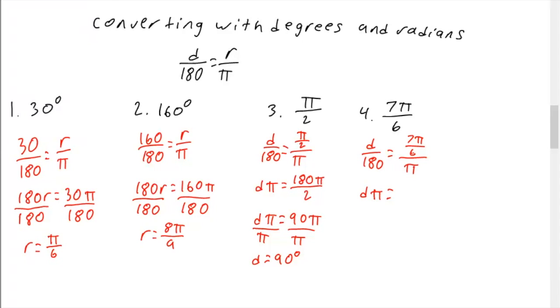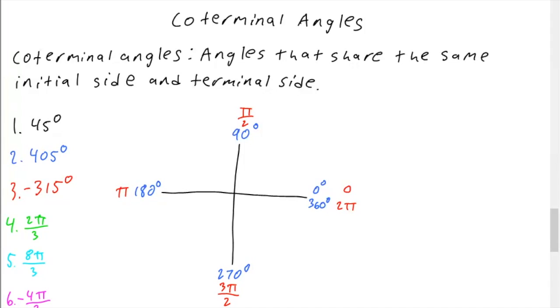So 180 divided by 6 is 30, times 7 is 210. So 210 pi, and then of course divide by pi, and that just again gets rid of the pi's, and we're left with d equals 210. So 7 pi over 6 is 210 degrees, but again, 7 times 180 divided by 6, also 210 degrees.